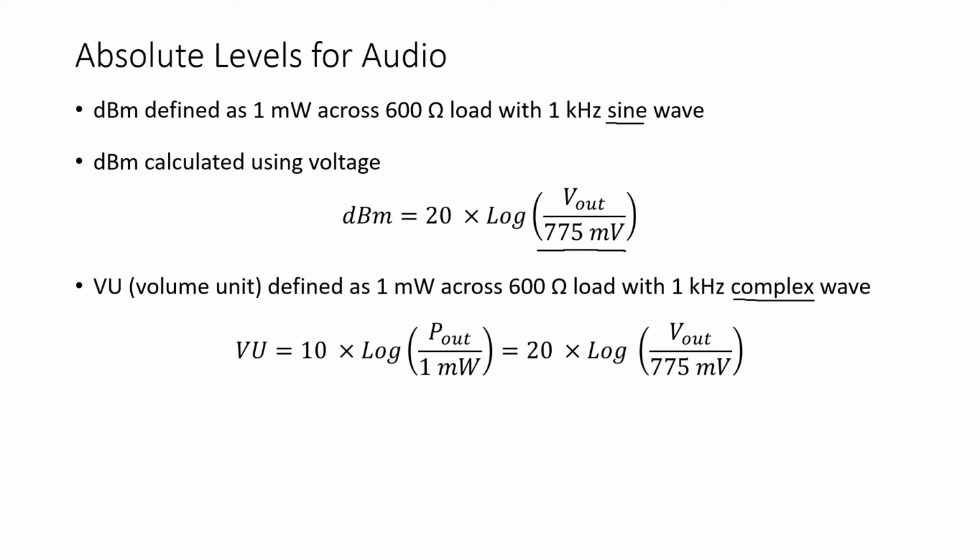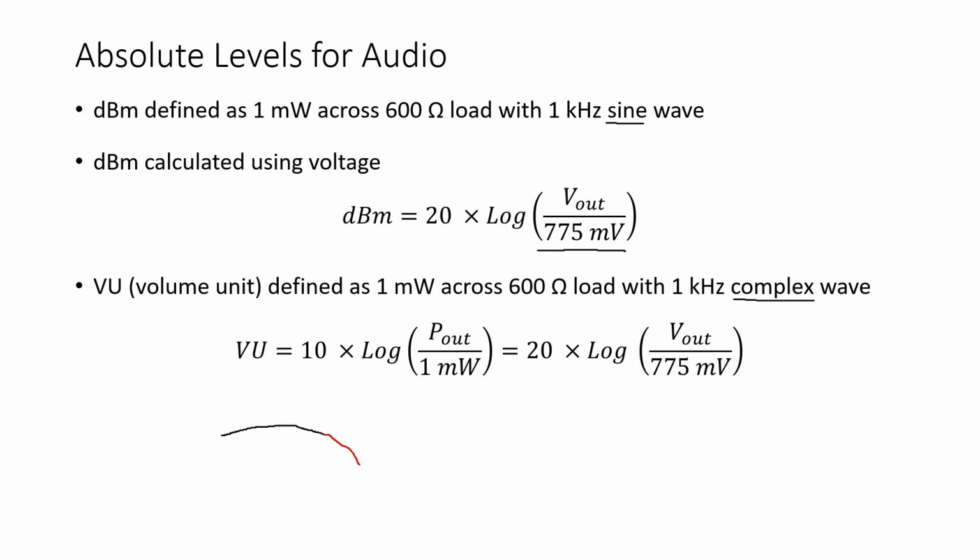Now, if you're old enough to remember reel-to-reel or cassette tape recorders, or if you've ever been in a recording studio, you'll see the VU meter is an analog meter, and a portion of the scale is black and a portion of the scale is red.